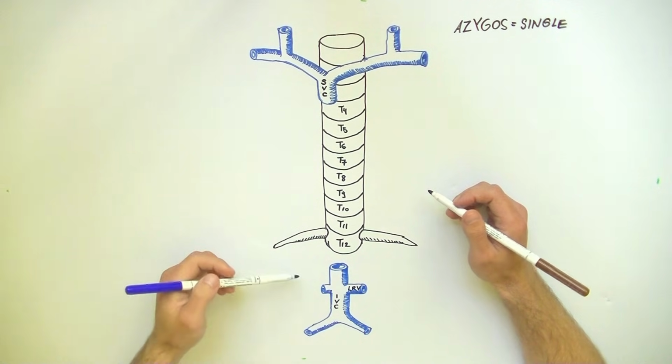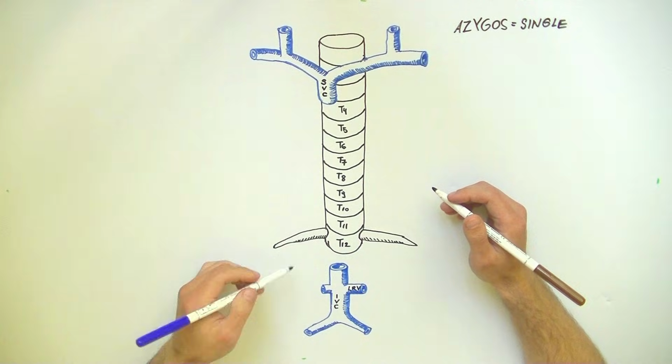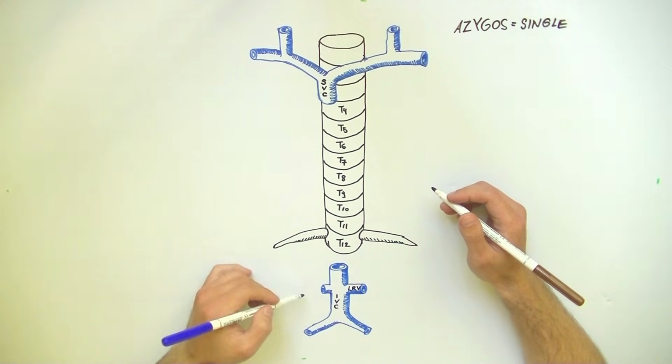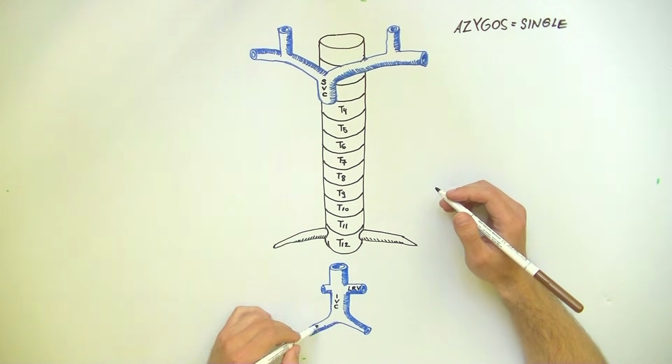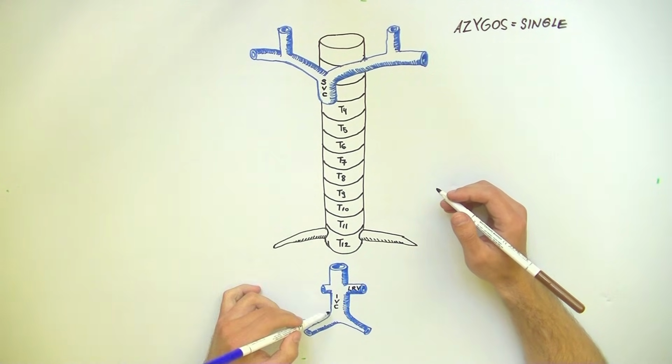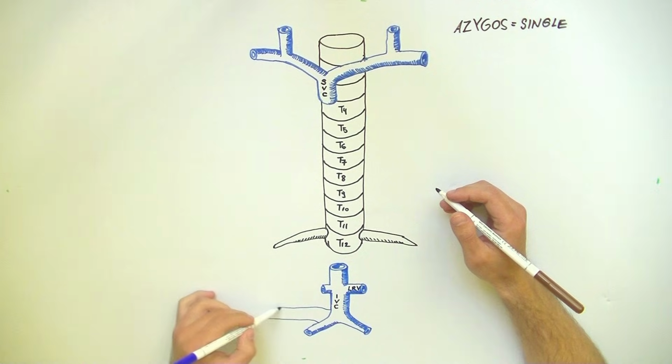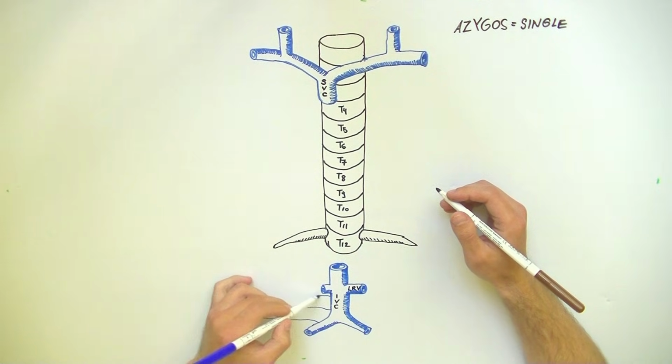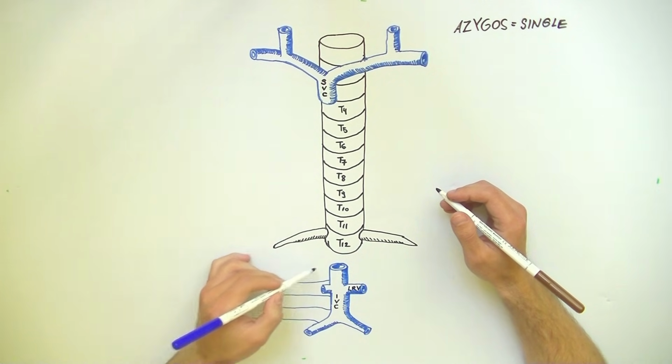Actually, the ascending lumbar vein is an anastomosis between the lumbar veins. So we will indicate the 5th lumbar vein, which drains directly into the common iliac vein, and also the 4th, the 3rd, the 2nd, and the 1st lumbar vein.